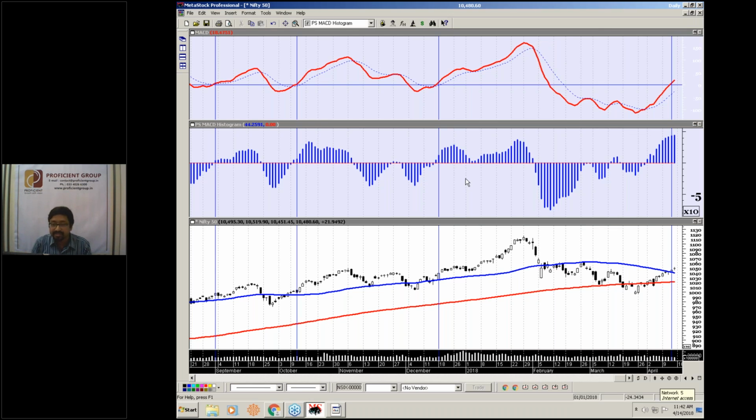It gives the difference between the MACD line and the dotted line. When the MACD line, the solid line, is below the signal line, we get a negative value of the MACD histogram. And when the MACD line is above the dotted line or trigger line, we get a positive value of the MACD histogram. This is how simply the MACD histogram is plotted, and this is the very logic of this indicator.